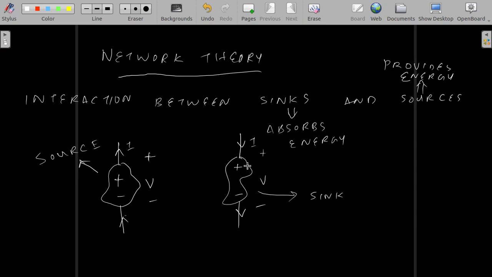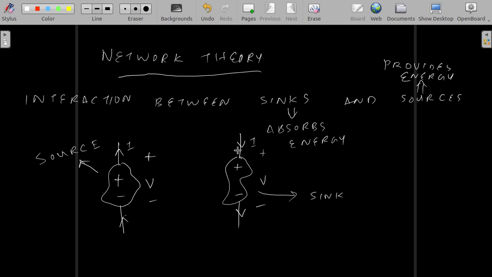Mind you, saying positive terminal and negative terminal is not always a proper notation when it comes to certain elements. So let's use the higher and lower potential notation. Again, just to reiterate, if the current is leaving from the higher potential point, it is a source. If the current is entering through the higher potential point, it is a sink.